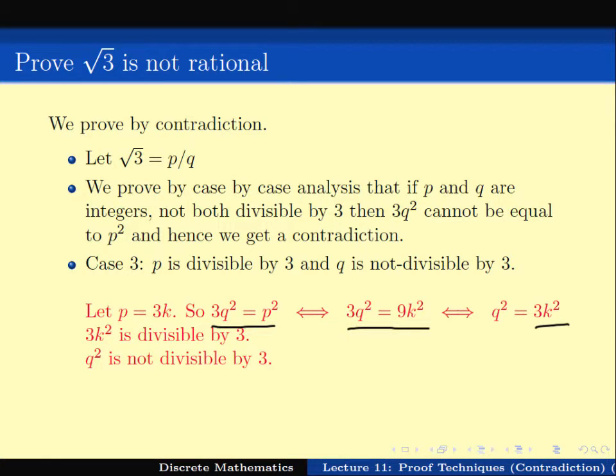But q is not divisible by 3, so q square is not divisible by 3. And hence, by almost the same kind of argument, 3k square cannot be equal to q square. Thus, even in this case, square root 3 cannot be equal to p by q. Or in other words, 3q square cannot be equal to p square.